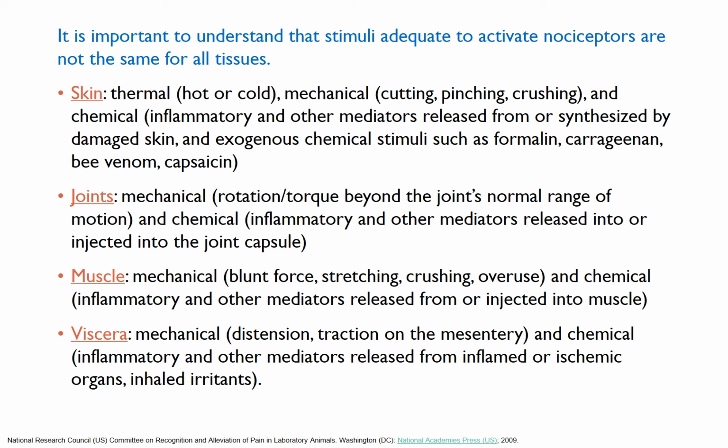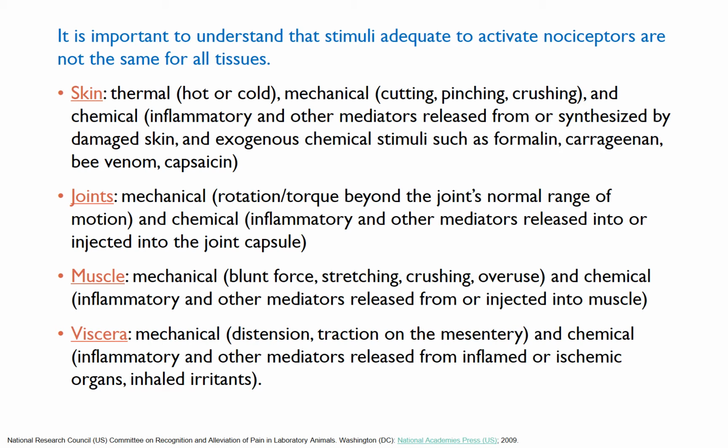Joints are most likely to be exposed to mechanical and chemical pain, chemical pains being things more like inflammatory mediators rather than a venom or a bee sting. The mechanical and chemical pains that affect joints manifest themselves in fairly distinct ways. Muscle pain is primarily mechanical and chemical, again similar to the joints.